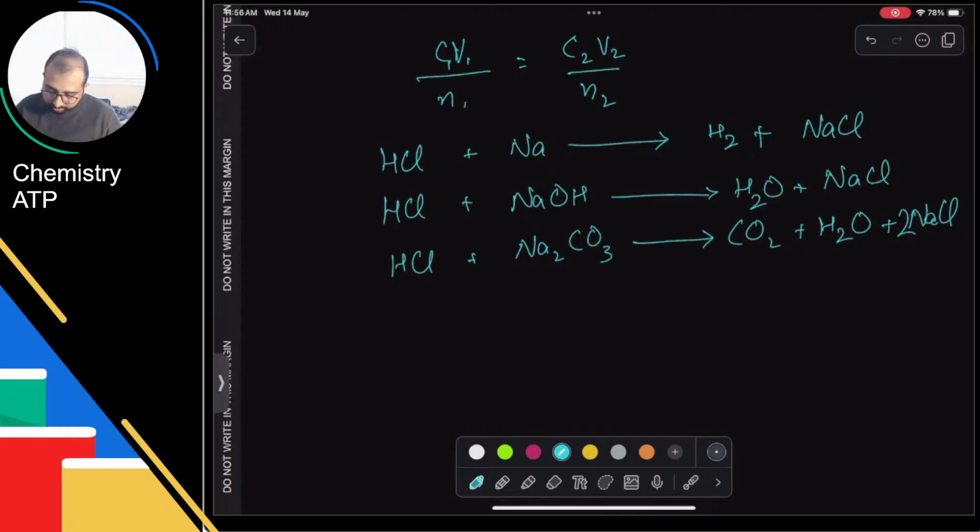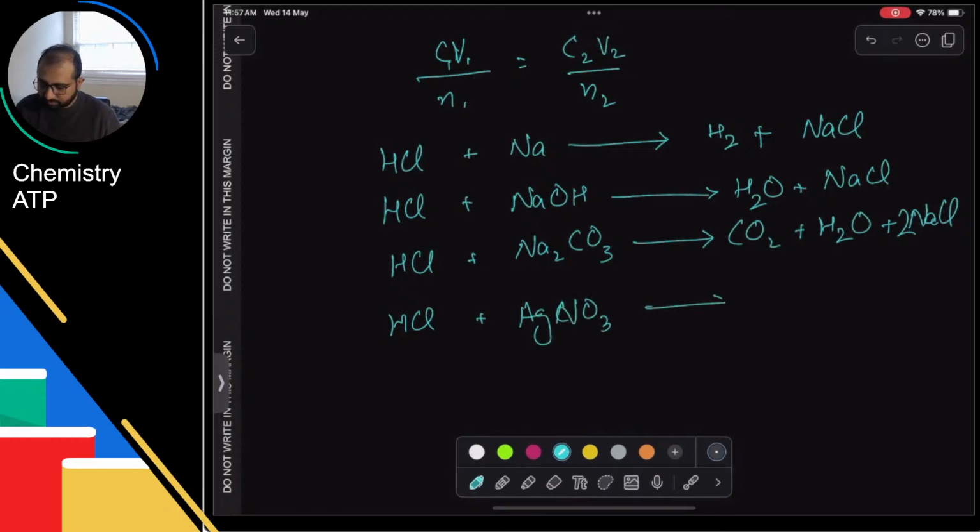Now let me do another reaction. HCl reacting with sodium nitrate or sodium. In fact, let me make it simpler: HCl with silver nitrate. What's gonna happen here? Silver is gonna react with chloride and make a solid. This is a precipitate, right? And then HNO3 is left over, they just bond with each other.